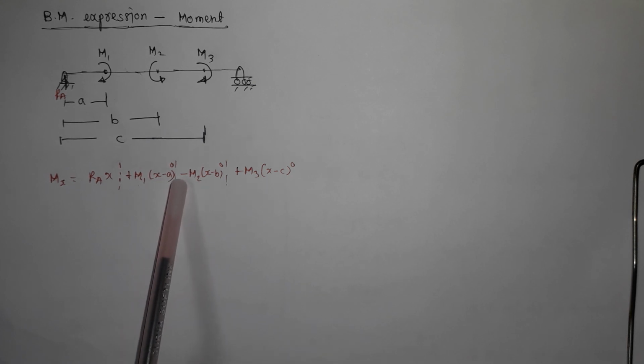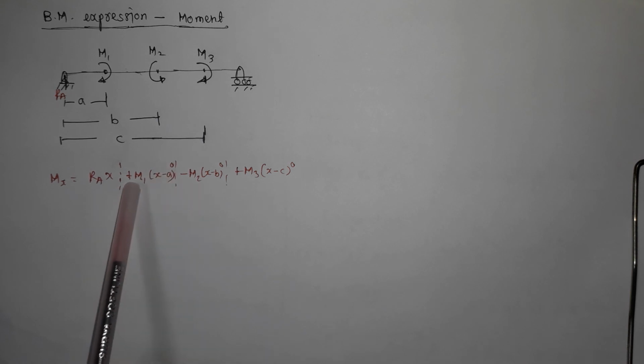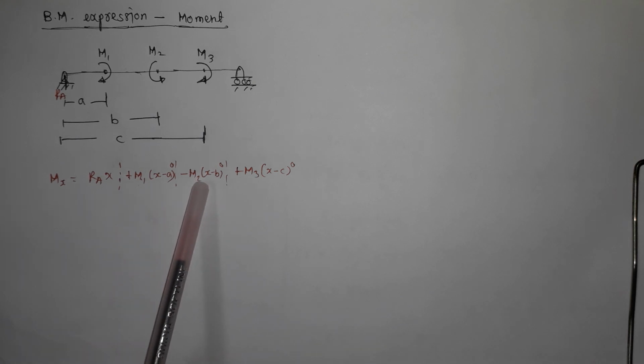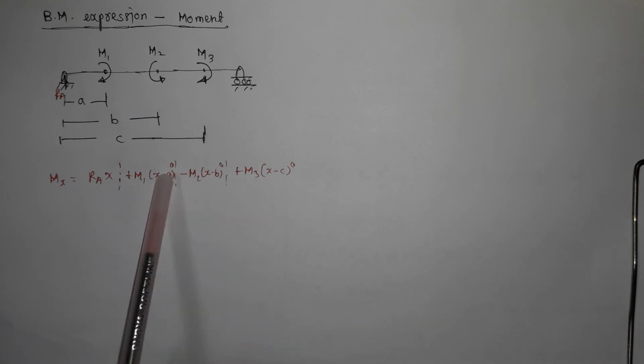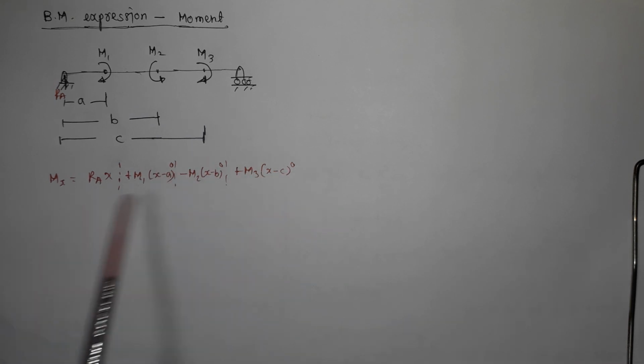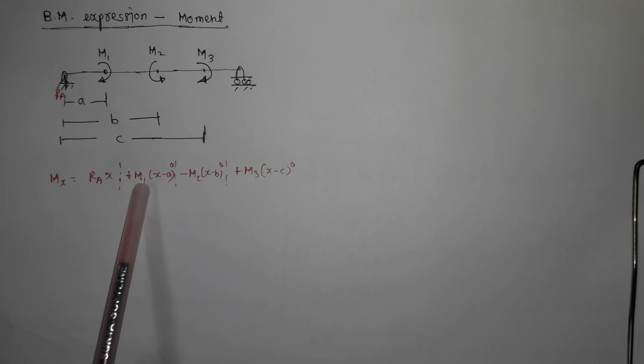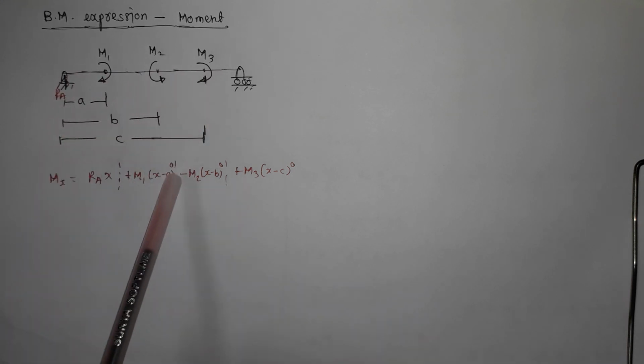So when we integrate it the first time, if we don't write this, then the integration of M1 will be M1 into x, of M2 will also be M2 into x, M3 into x. And if M1 into x is integrated further, it will be M1 into x square divided by 2, meaning the position of these moments is not getting reflected in these equations.